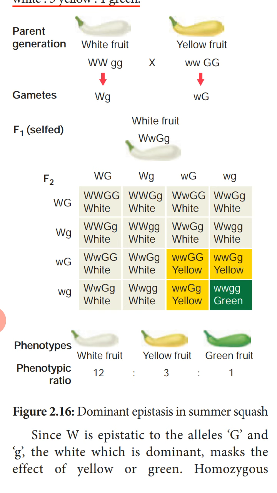So the gametes you can find are capital W, small g for white, and small w, capital G for yellow. When the cross is done between the parent plants, in the F1 generation we get a heterozygous white fruit plant with the genotype capital W, small w, capital G, small g.